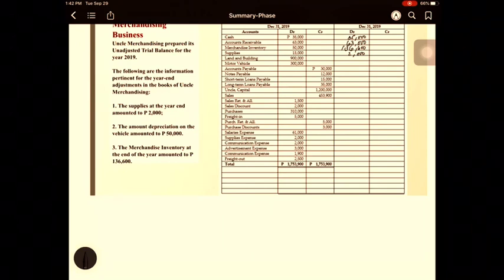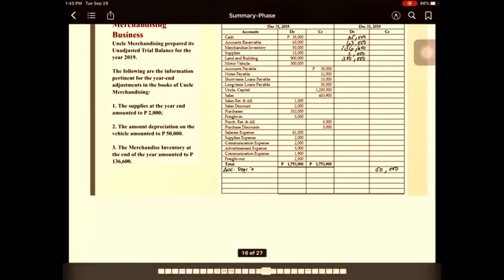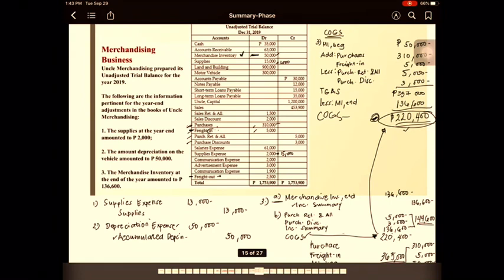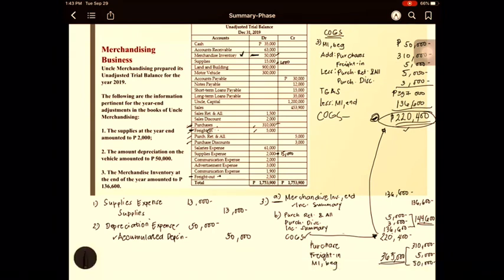Your motor vehicle shall not be affected, but it will be reduced by the amount of the accumulated depreciation. So we have here your accumulated depreciation amounting to 50,000, which we have credited a while back. Let me just show you again what we did with your accumulated depreciation here.